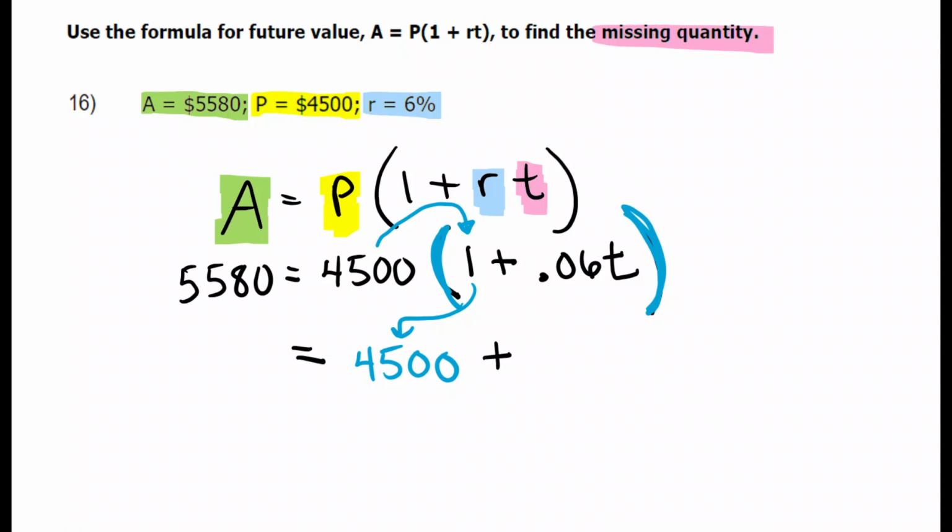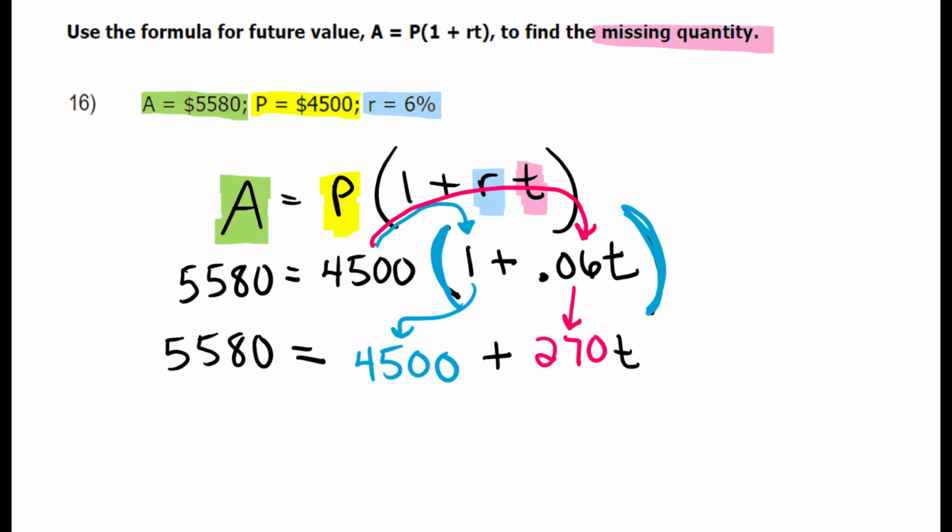Plus, if I take, use a different color, the 4,500 times the 0.06 T, that is going to give me $270 T. Actually, I probably should put the T in black since it's just kind of going along for the ride there.